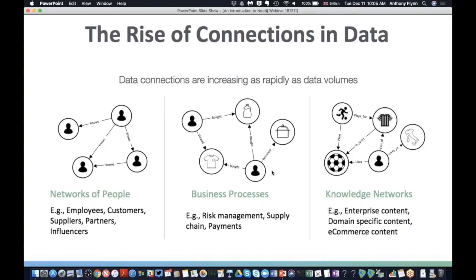A whole range of different data that needs to be brought together, and where the connections between the data can be as important as the data itself. So what we'll show today is that a graph database like Neo4j is a uniquely powerful way of tying all this data together and taking advantage of it in a way that traditionally has been a challenge.